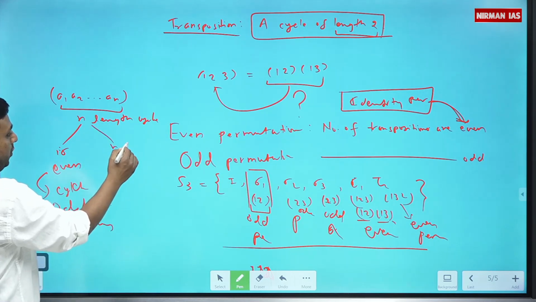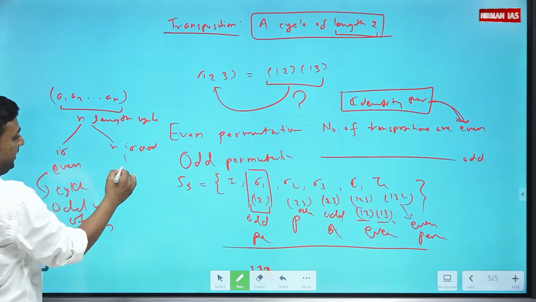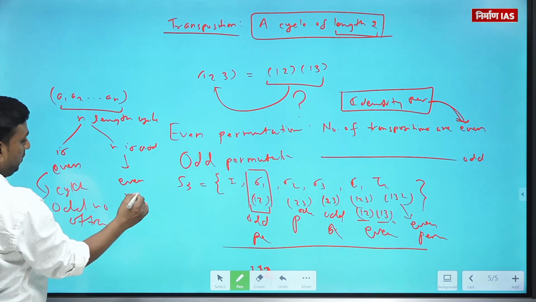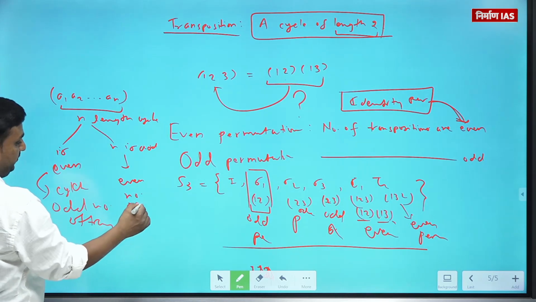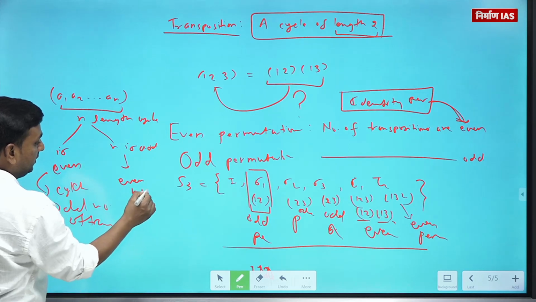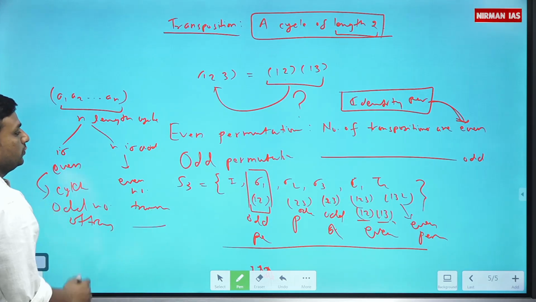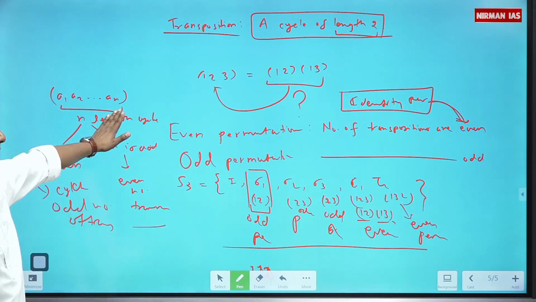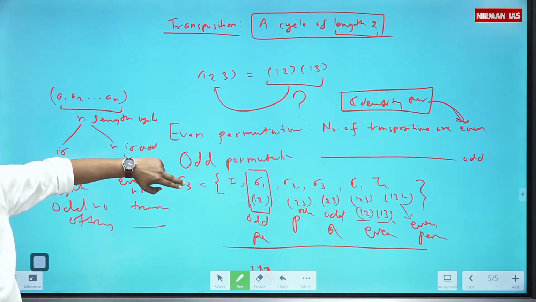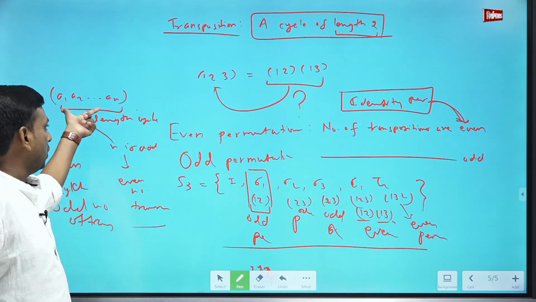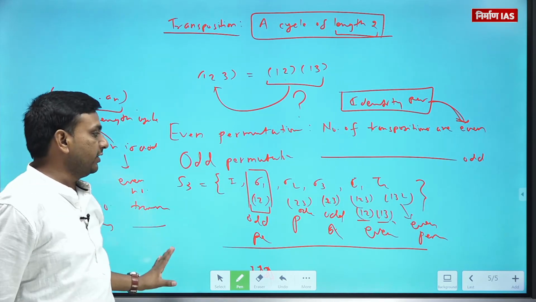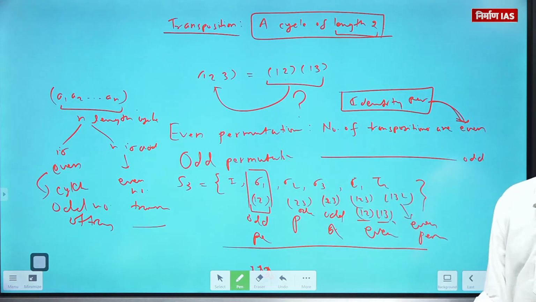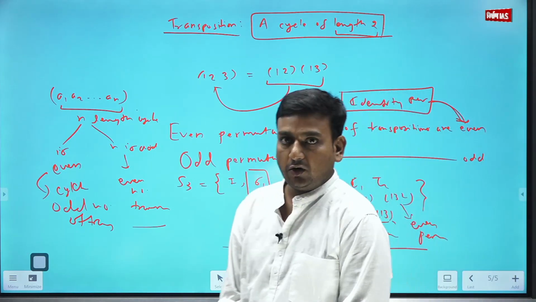And if n is odd, then this will be composed of an even number of transpositions. So that means if the length of this cycle is even, then that permutation will be odd, and if this length is odd, then that permutation will be even. Why? You can take help with these examples. Is that clear? Even and odd?